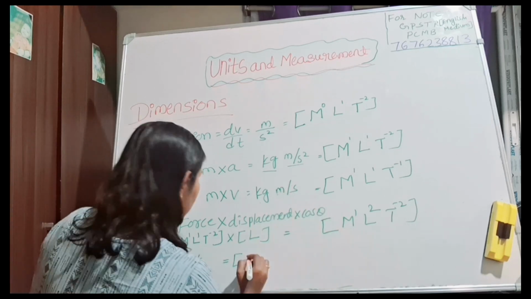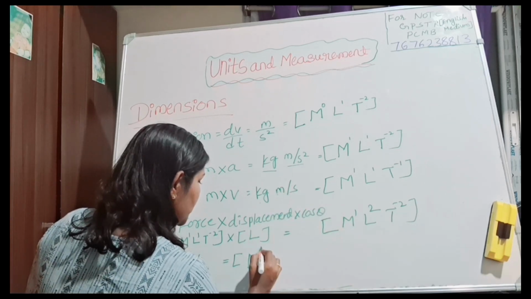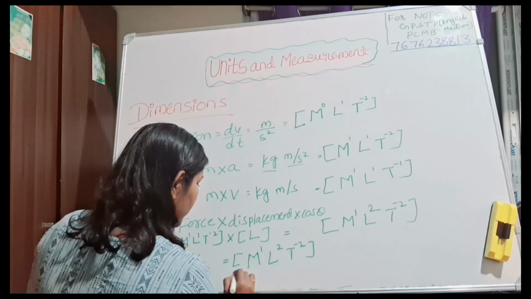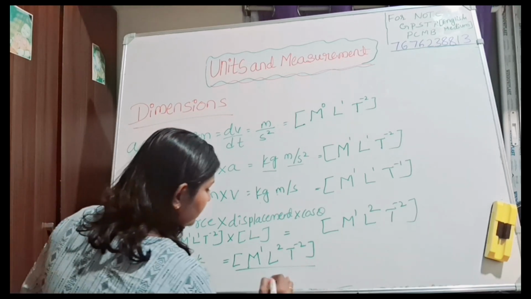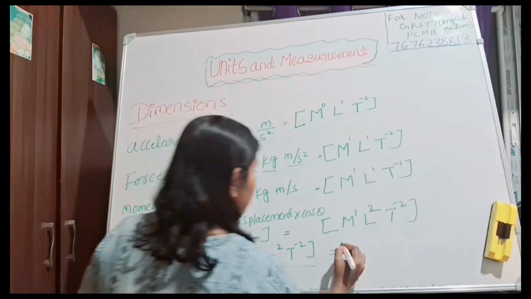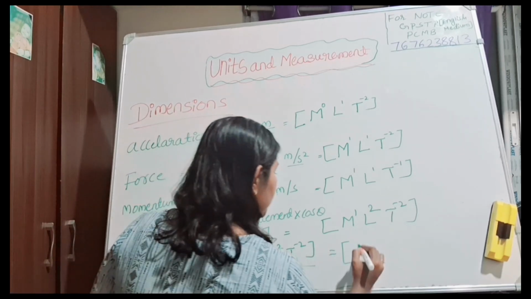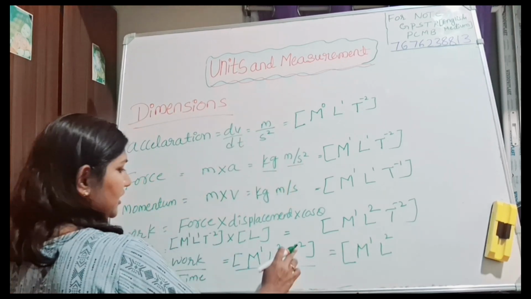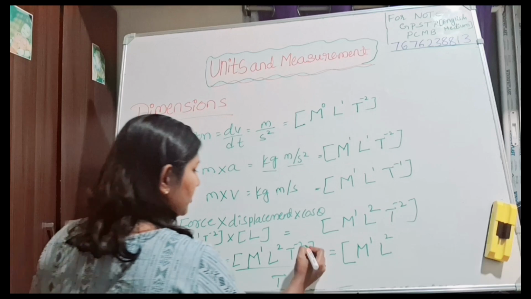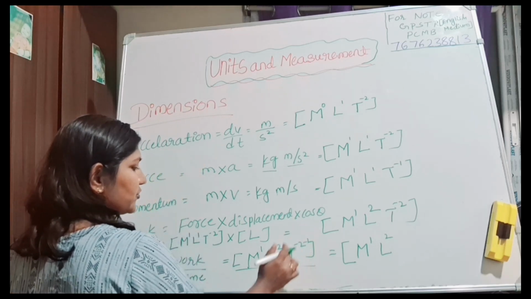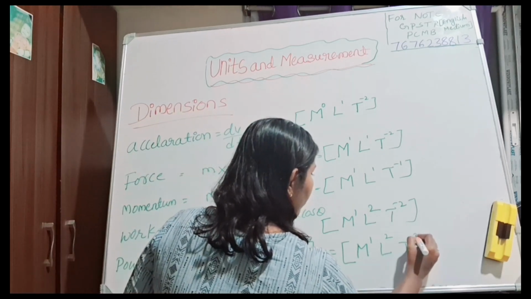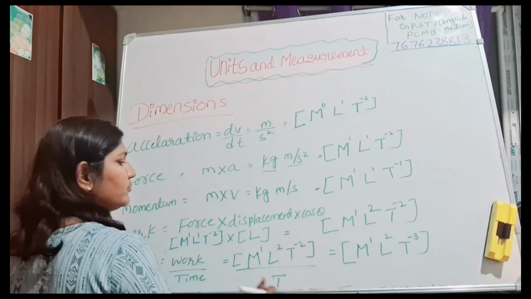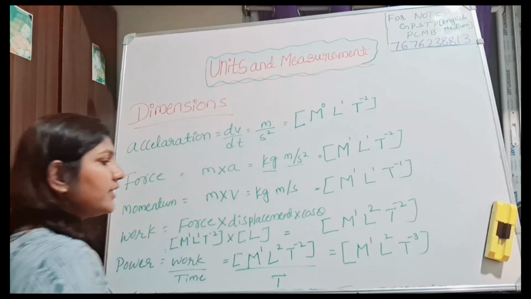I have already written the dimension for work: M raised to 1, L to the power of 2 and T to the power of minus 2, divided by time, T. Now T goes up and becomes minus 1 again, so we get T to the power of minus 3.